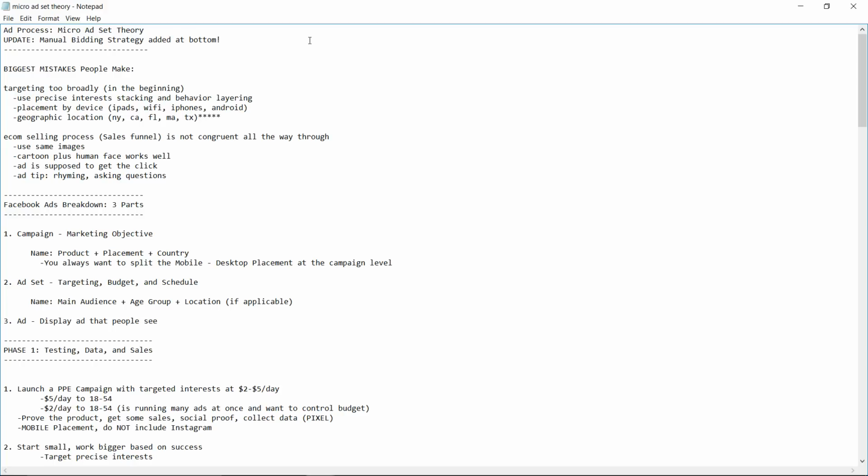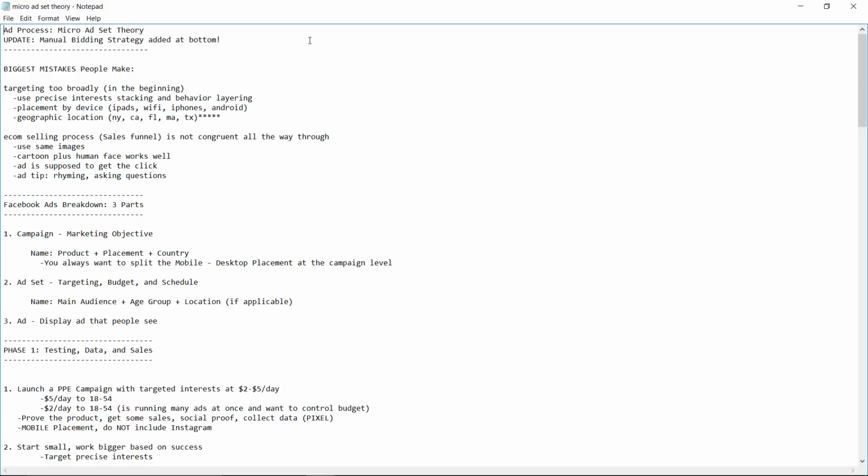Because if you have 100,000 people that like cats and you have 10 million people that like cats, it's just basic common sense that the 100,000 people is going to be much more targeted and much more precise than the 10 million. All right, that 100,000 is a piece of the overall 10 million, right?